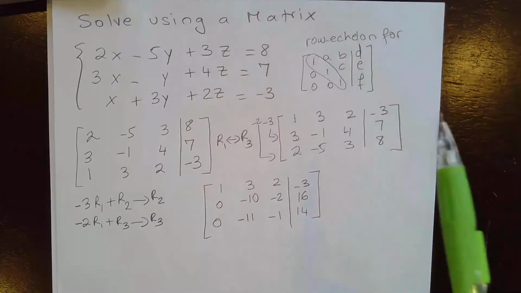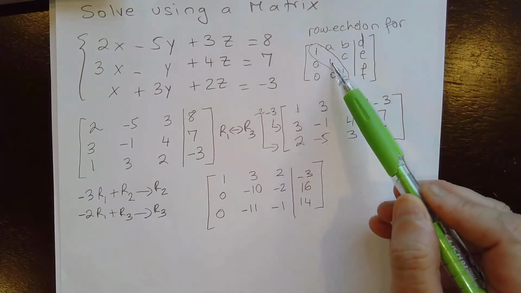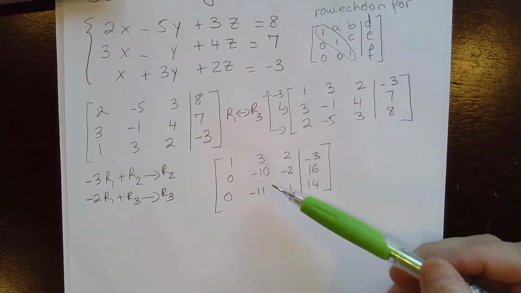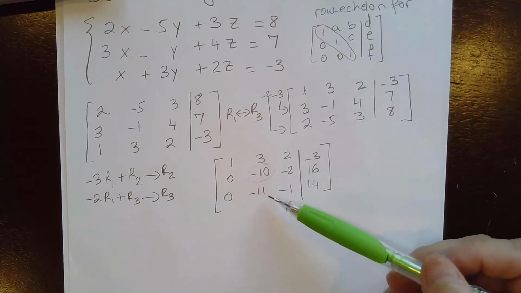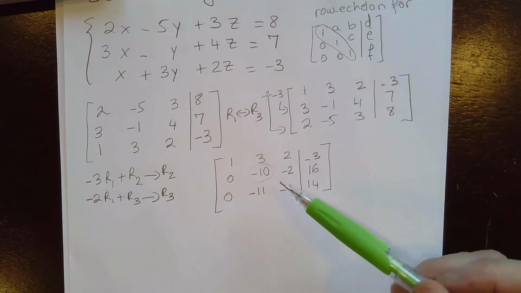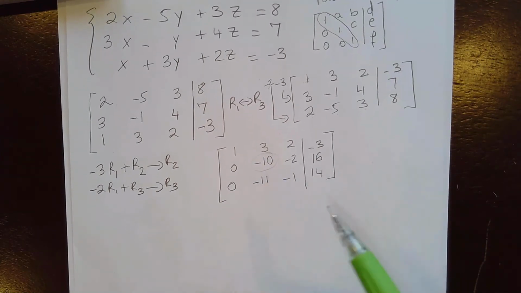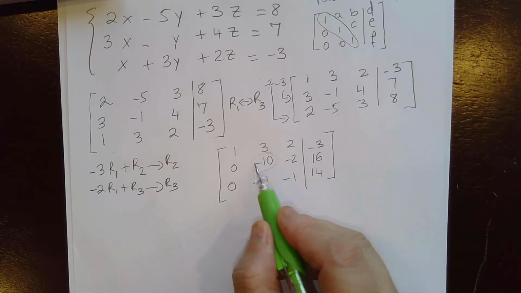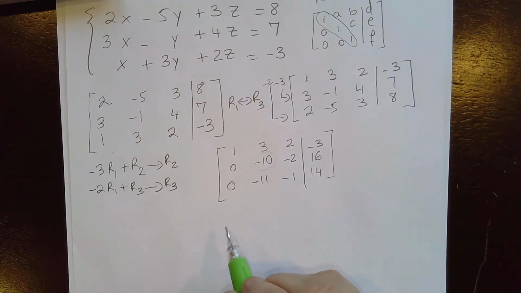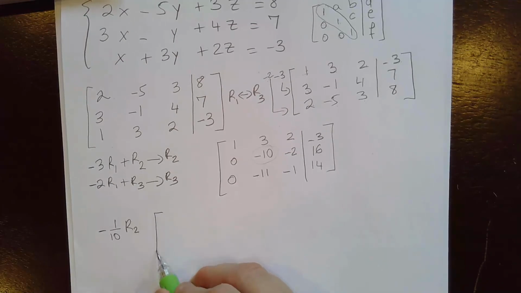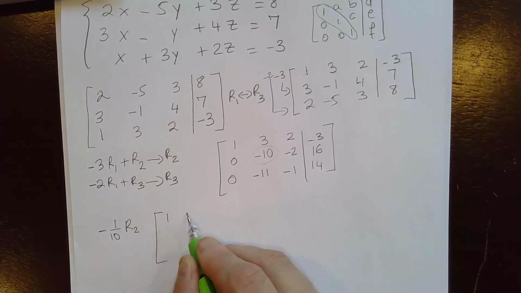Next, we need to take care of this one right here. So we need to make this 1. Now, unfortunately, we cannot interchange any rows here anymore. So we're going to have to multiply row 2 by negative 1 over 10. So we need to multiply row 2 by the reciprocal of negative 10. The reciprocal of negative 10 is negative 1 over 10 times row 2. So that will give us, row 1 is not going to change.